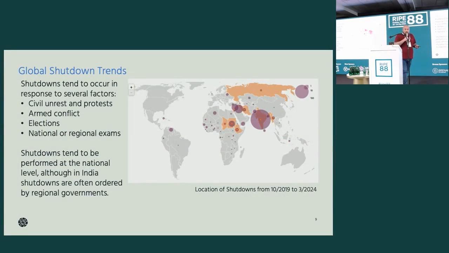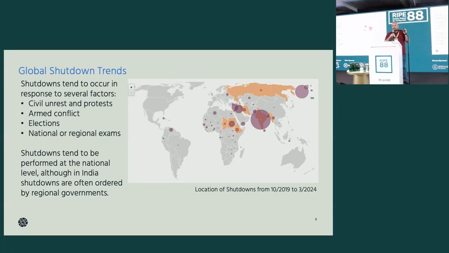What are shutdowns? So for everyone in this room, a shutdown of the Internet is just disruption of access to the Internet. But what we do is we focus on the artificial disruption, artificial Internet limitation, which are disruptions to access that are based on a decision that someone made somewhere.